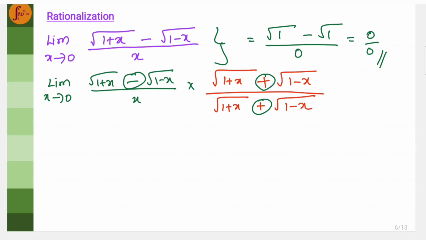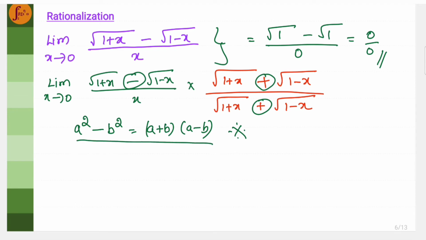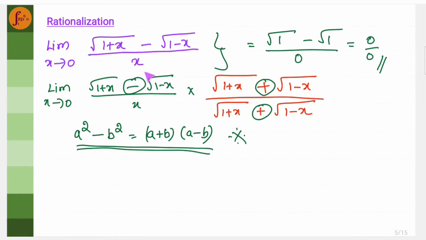So one key formula that we have to remember in rationalization is a square minus b square is equal to a plus b into a minus b. This is very, very important, right? Because in all the rationalization functions, we will have to use this. So if you look at this particular expression, root 1 plus x is a, root 1 minus x is b, isn't it?